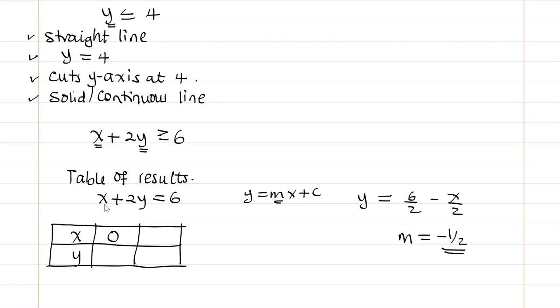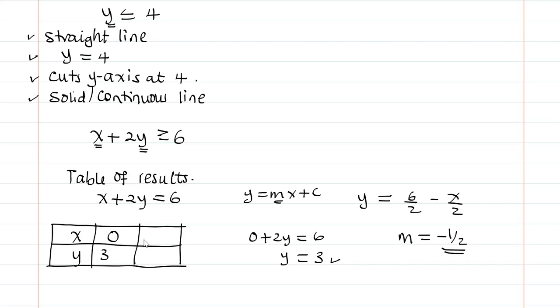If x is 0 here, then I will have 0 plus 2y equals 6. Therefore my y here becomes 3. So here you just write 3. You don't need to waste time here. And then you choose any other value of x. Remember, the values of x that you choose should give you a right or reasonable value of y.